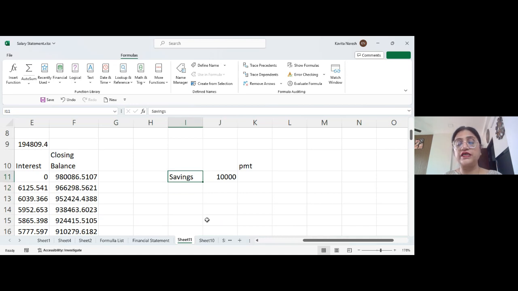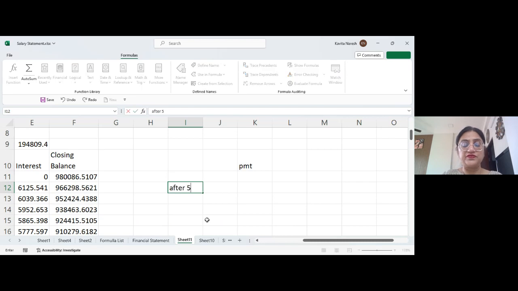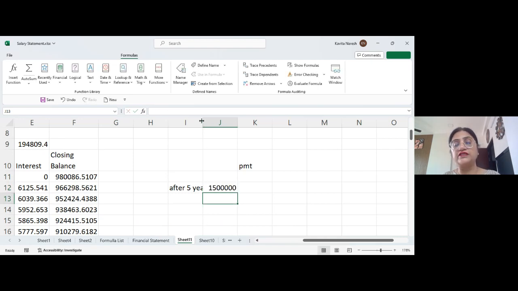See, if we just take the opposite. Suppose after completing 5 years, I want 15 lakh rupees for my daughter's education.